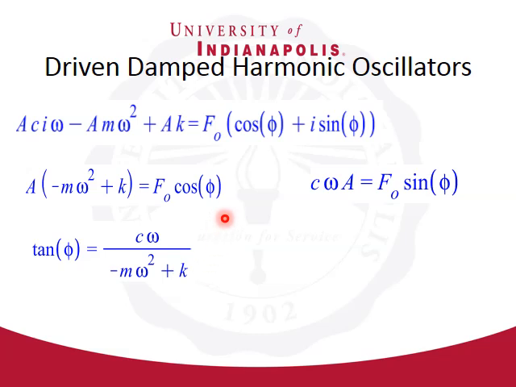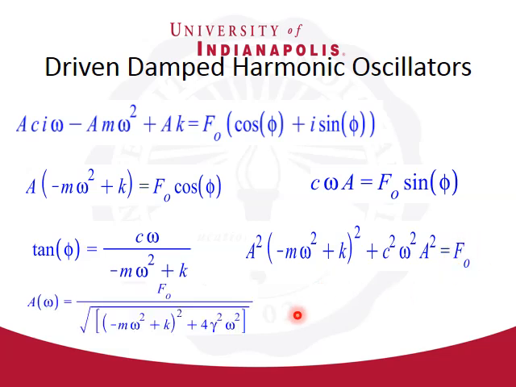And then I need to figure out the amplitude A, and the way I get that is if I square both these equations and add them together, and factor out F0, I can get this expression. That should be squared here. I'm sorry about that. That should be squared. And then if I solve for A0 or A, I get this expression in terms of the omegas.